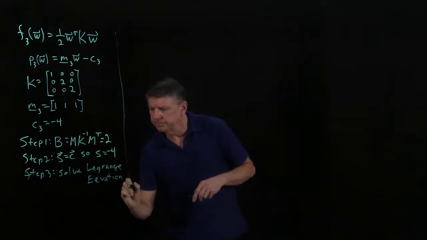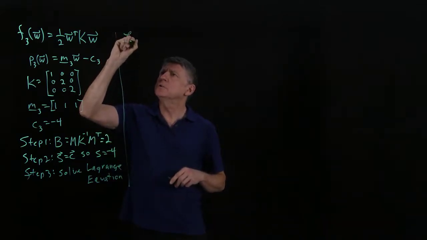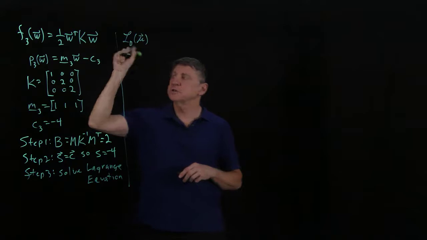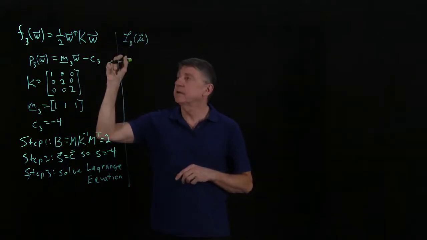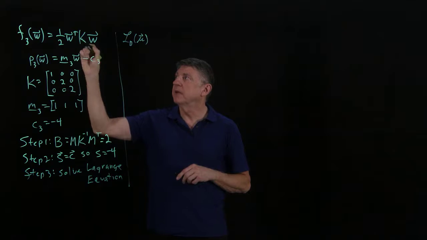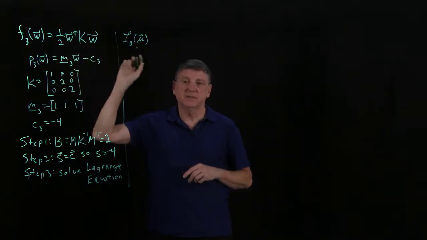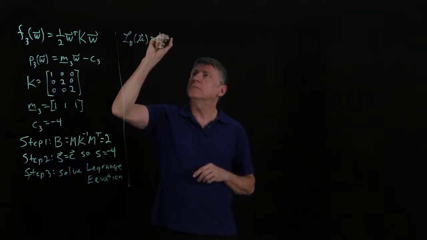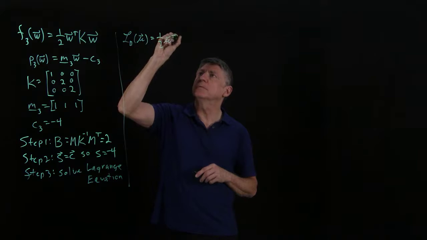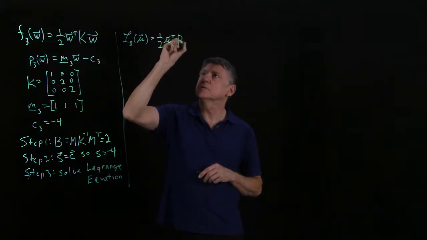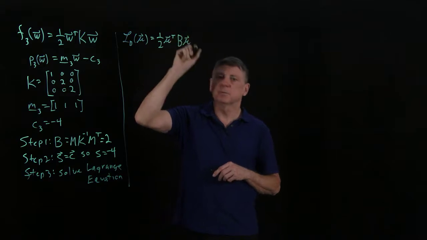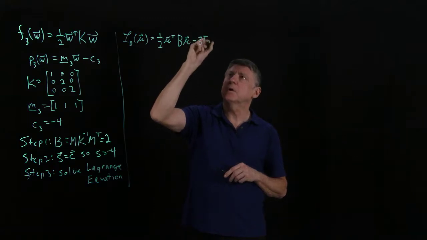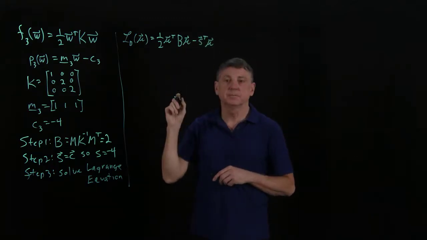For our problem, in general, the Lagrange dual for an equality constrained optimization problem where the objective is a quadratic form takes the form of 1/2 of the transpose of the multipliers times our solution matrix B times the multiplier vector minus our solution vector dot product with the multiplier vector.